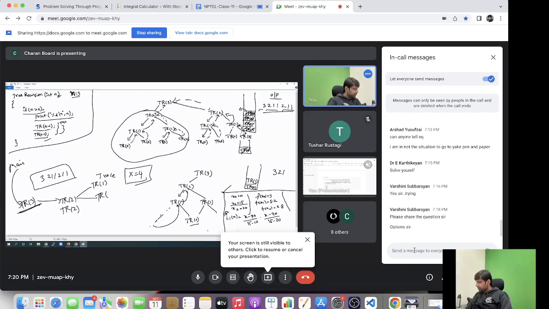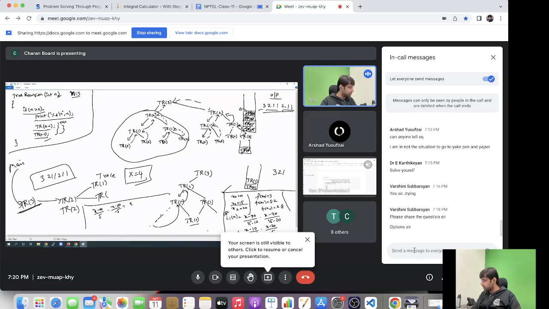Okay, so x minus 10 by 5 into x minus 20 by minus 5. If x equal to 18, 18 minus 10, 8 by 5 into minus 2 by minus 5, so 16 by 25, 0.64. Option A is the right answer.